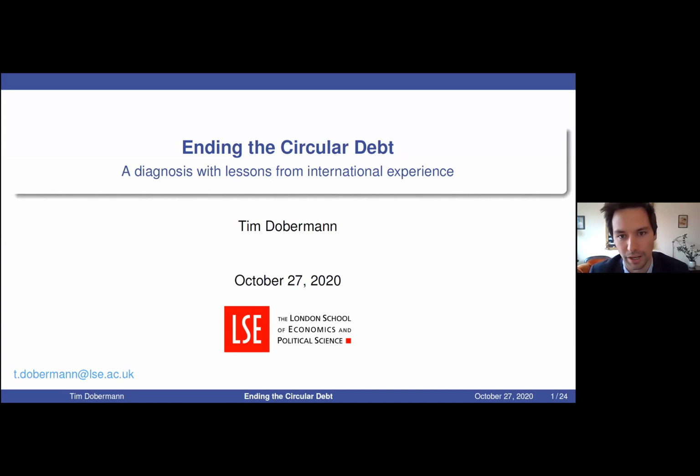And I want to pull from these experiences abroad to identify some lessons and apply this to the local context in Pakistan. In that sense, I'm framing this not as a prescription, but more as a diagnosis to get us thinking about the challenges in Pakistan and about potentially some ideas for moving forwards.